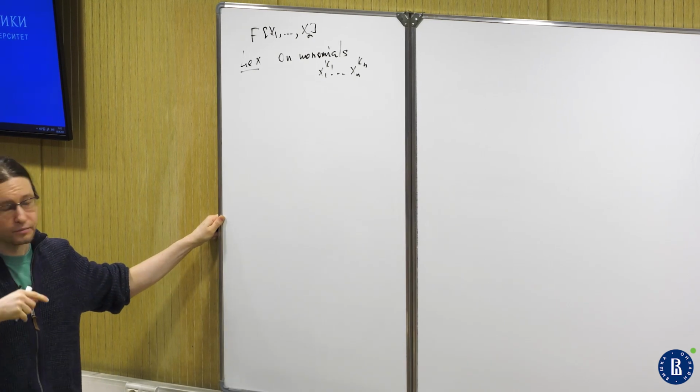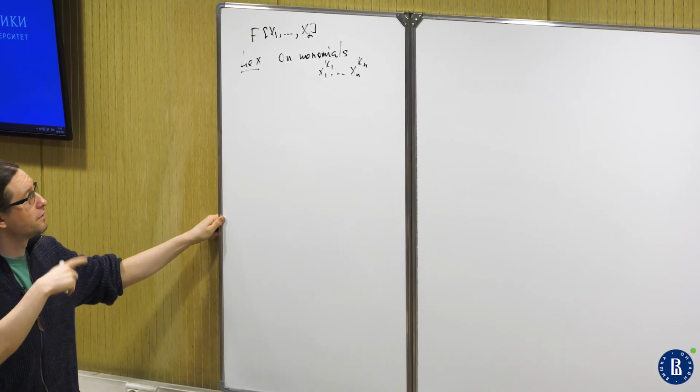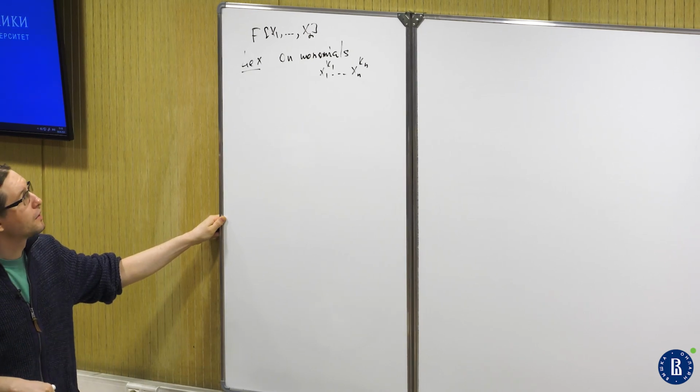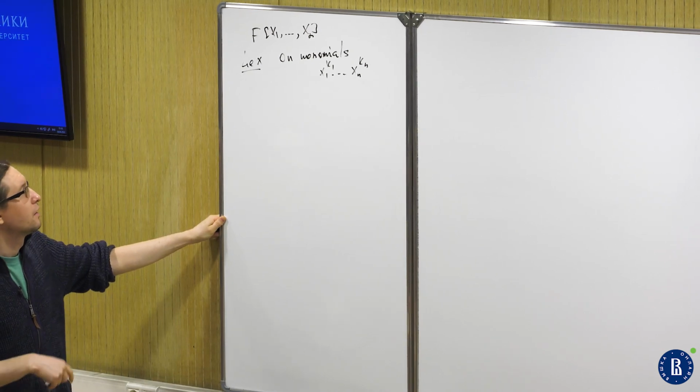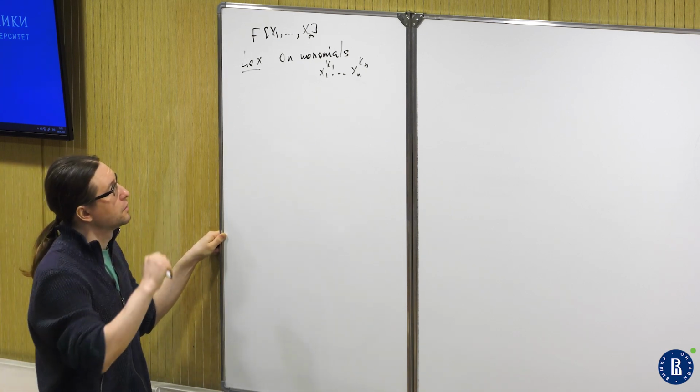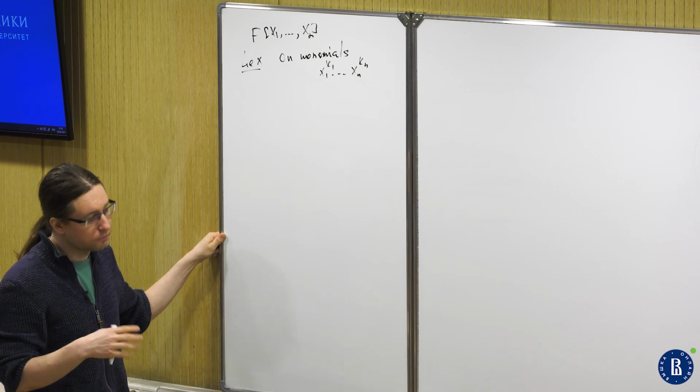So first of all, we need to fix the ordering of the variables, and then we can define the lexicographical ordering on the monomials. Then, when we know how to compare the monomials, we know what a reduction is.